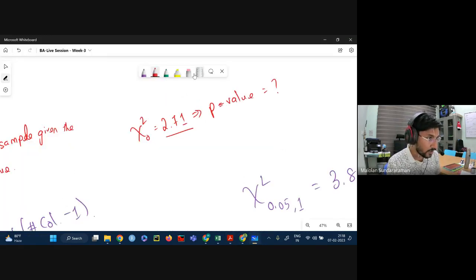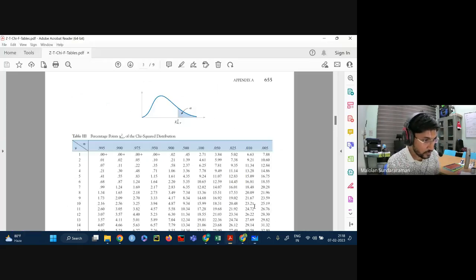Sorry, our computed value is not 2.71, it's 2.17.